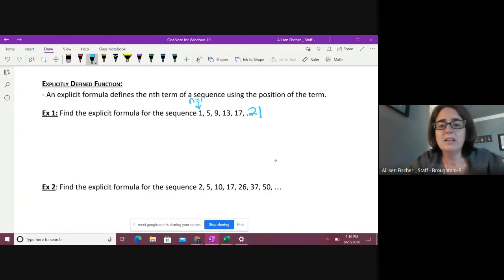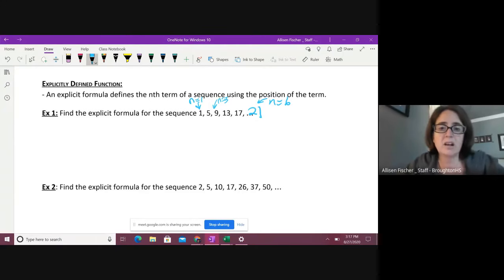The 9 would be the number that I could plug n equals 3 into and get 9 as a result. The 21 should be the sixth term in the sequence. So I should be able to plug in 6 into my formula and get 21 as the answer. That's how the explicit formula works.